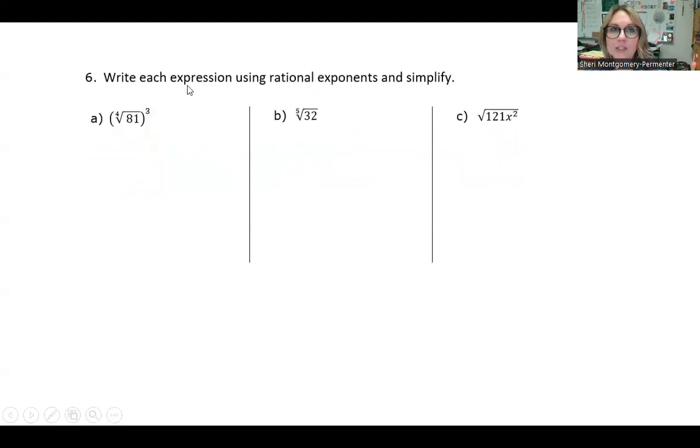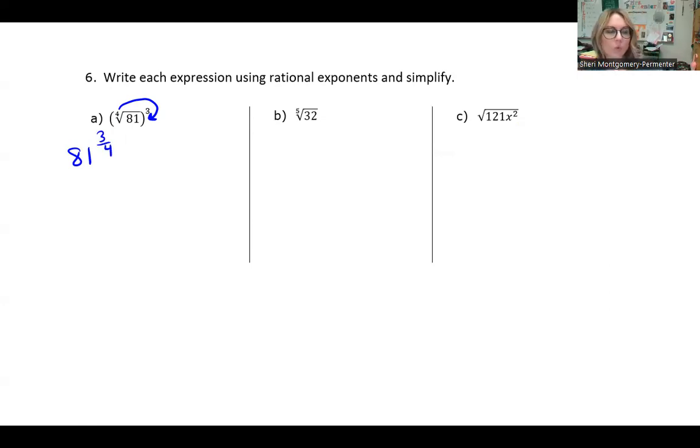And last, write each expression using rational exponents and simplify. Okay, so here's what that will look like as we simplify using exponents instead of radicals. So the first one, we can rewrite it. It's going to have that 4 come underneath the 3. Well, how do I simplify?